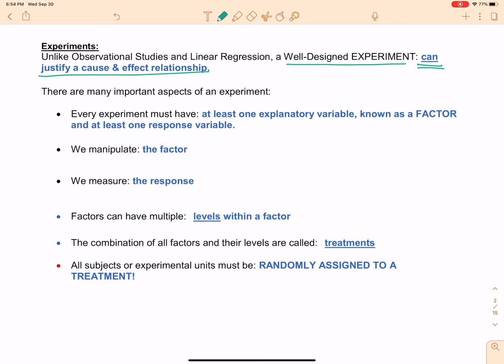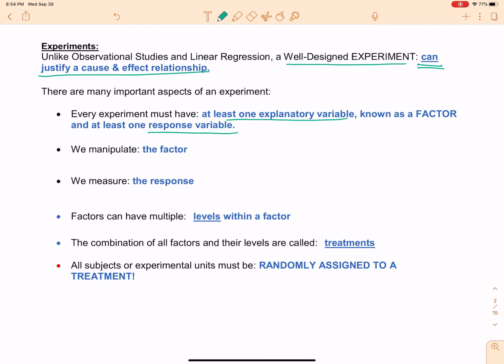So in an experiment, you need to remember that the experimenter is actively and deliberately manipulating factors to control the details of the possible treatments and randomly assigns the subjects to those treatments. There's some vocabulary here that we need to talk about. In an experiment, we do have an explanatory variable and a response variable, just like we did in linear regression.